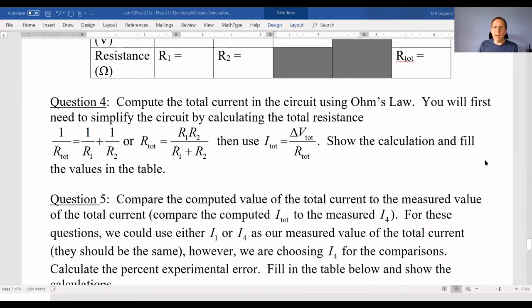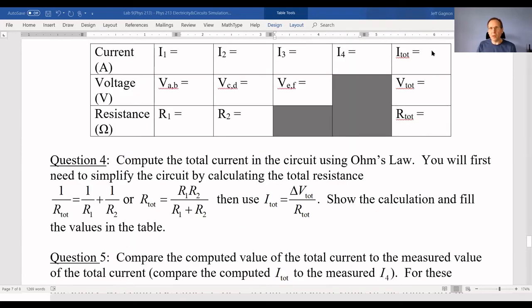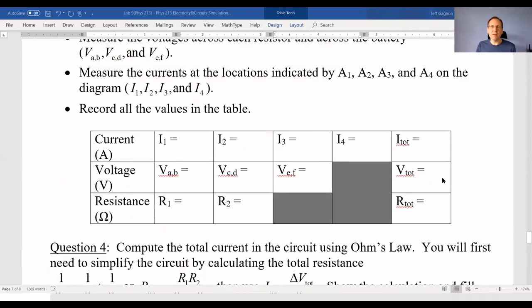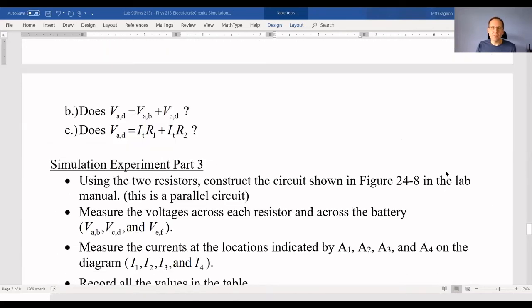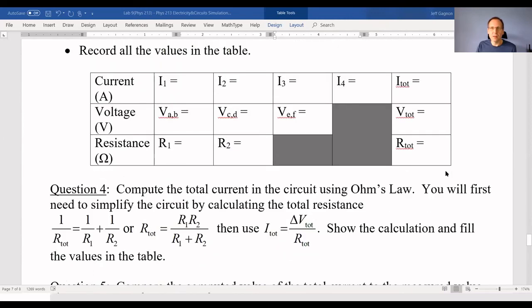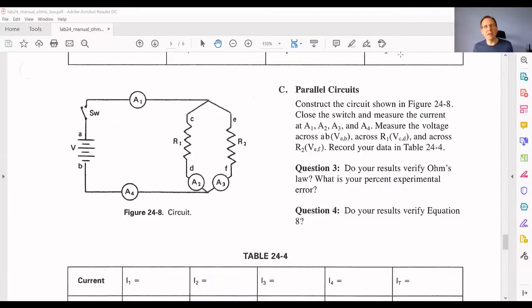Okay, question 5 is compare the computed value of the total current to the measured value of the total current. So compare your computed I total, and for measured, well, remember the circuit, let me go back to, so remember the parallel circuit looks like this.